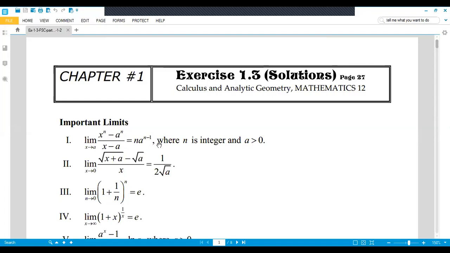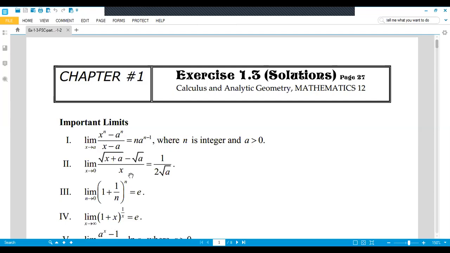The proof of this limit is given in your textbook on page number 19. You have to check this proof. It's very important. Mostly the proof of this comes in the short questions or sometimes as a part of a long question in the exam.